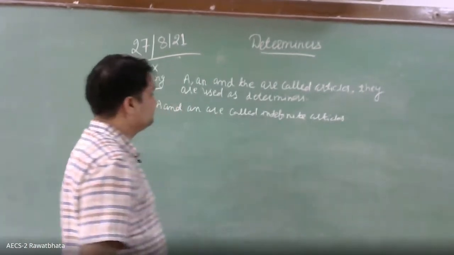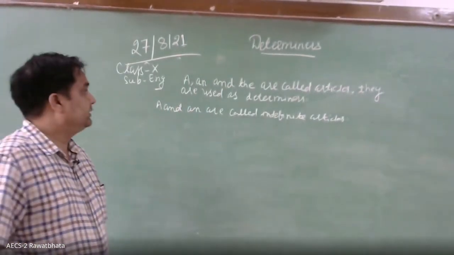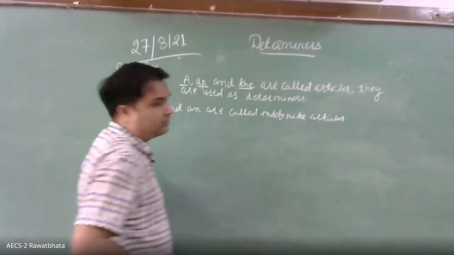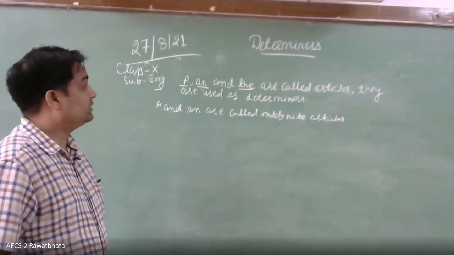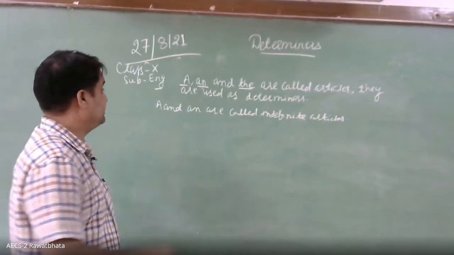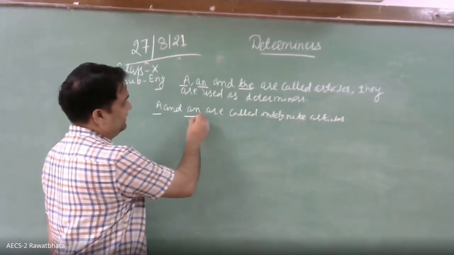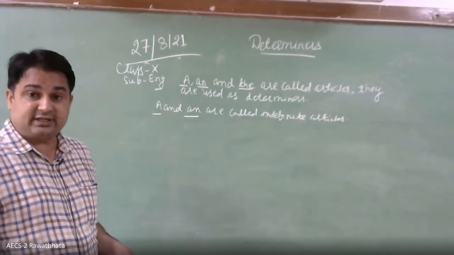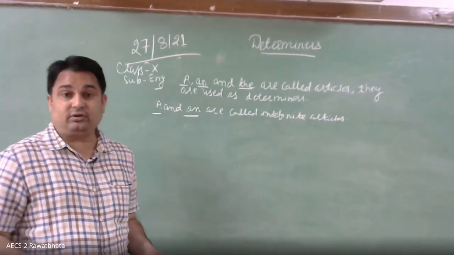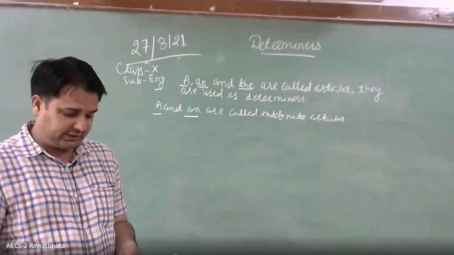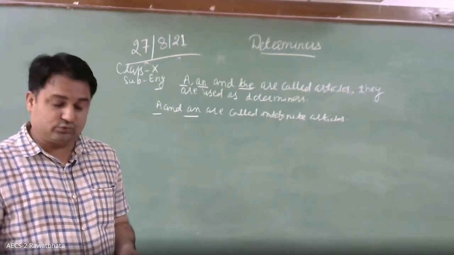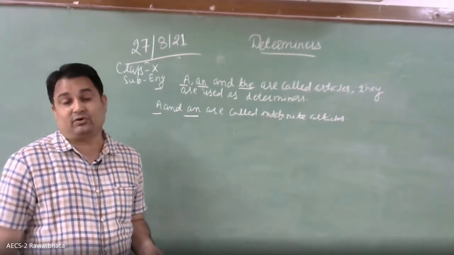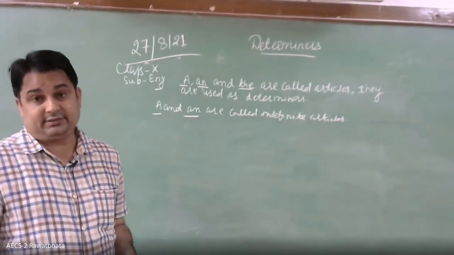Okay, so a, an, and the are called articles. They are used as determiners. A and an are called indefinite articles and the is called a definite article. The use of a and an depends upon the beginning sound of a word.